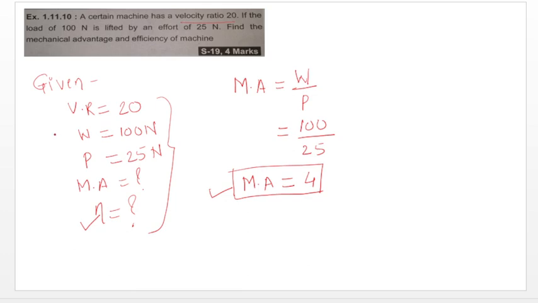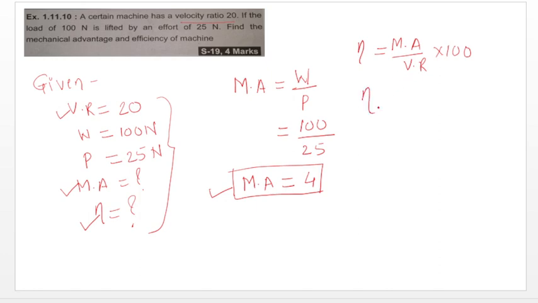Now second thing I want to find out is efficiency. If I have velocity ratio and the mechanical advantage, then I can use the formula of efficiency in terms of mechanical advantage and velocity ratio, as obviously mechanical advantage divided by velocity ratio into 100.